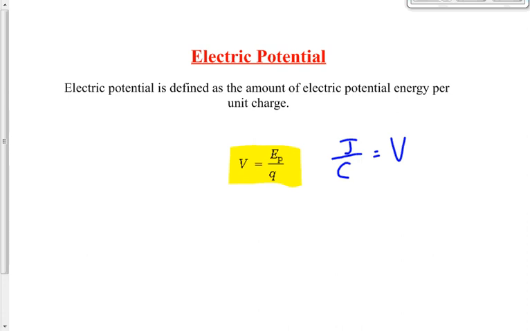It's exactly the same thing. So we've got electric potential energy, the energy stored in the system of two charges a certain distance apart. We've got electric potential. It's that energy that we just talked about per coulomb of charge. So the energy divided by the charge.